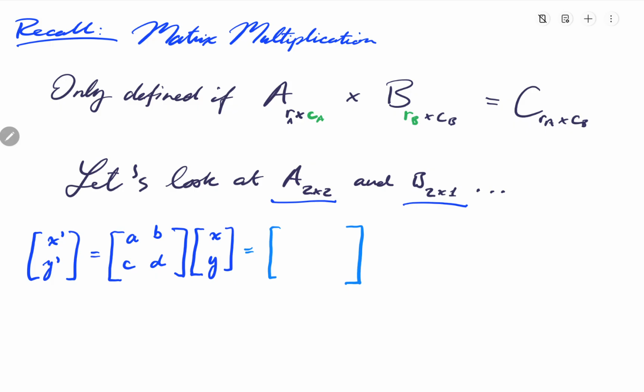The first number is going to be made out of the first row times the first column. So we're going to take this number and multiply it by this number. So we'll have the first number in our first row times the first number in our first column. Then you're going to add this.